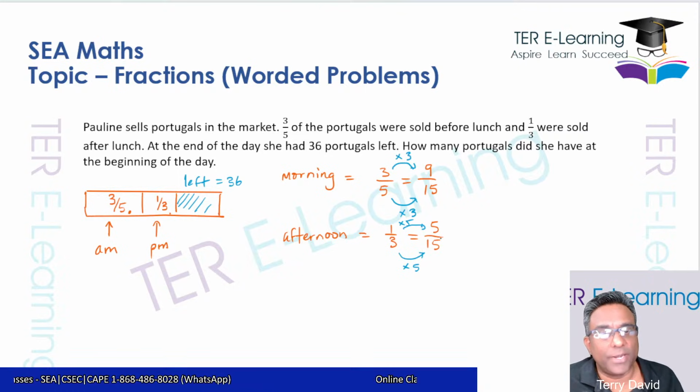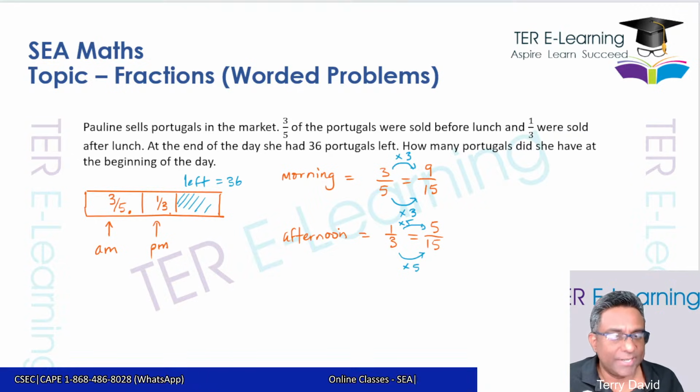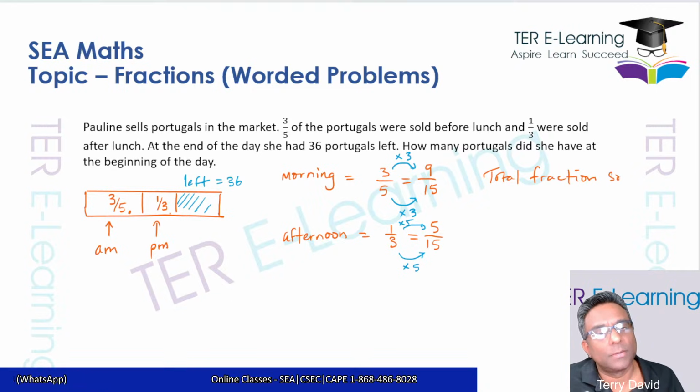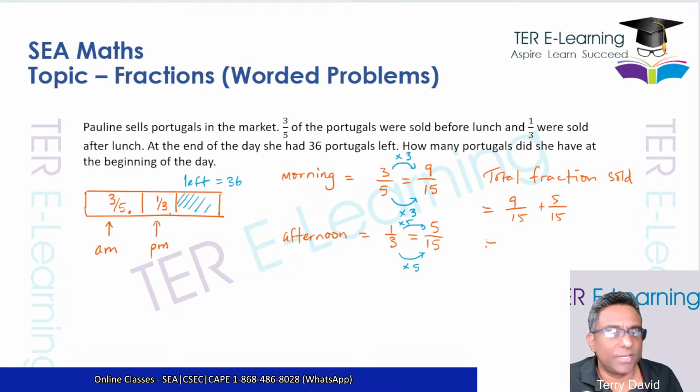Now I know the fraction in the morning is 9 over 15 and the fraction in the afternoon is 5 over 15. So the total fraction sold is 9 over 15 plus 5 over 15. 9 and 5 is 14, so that's 14 over 15.